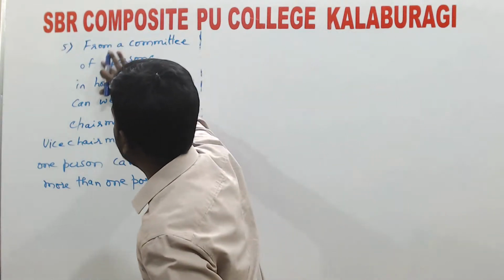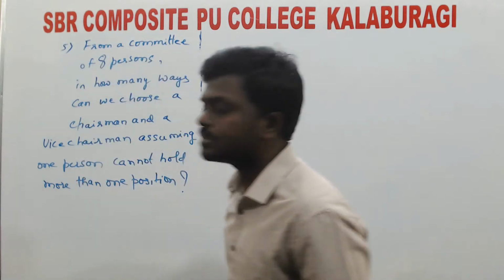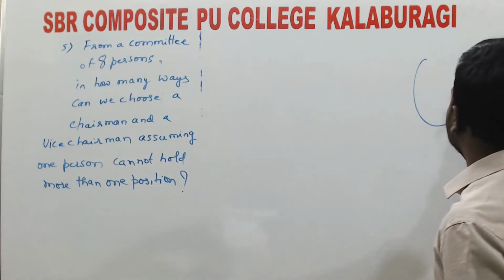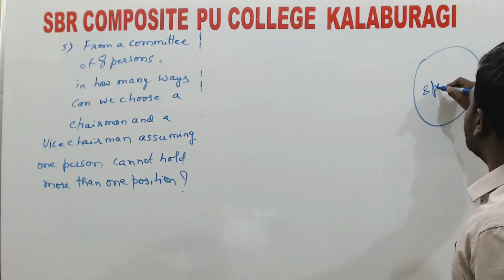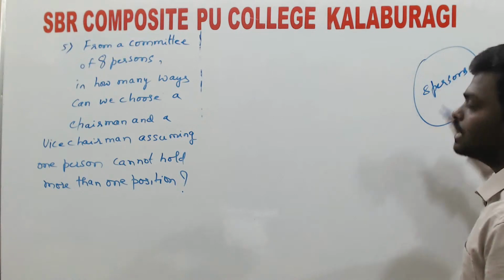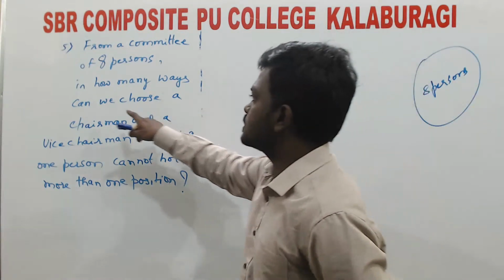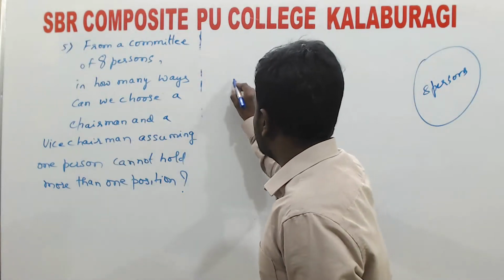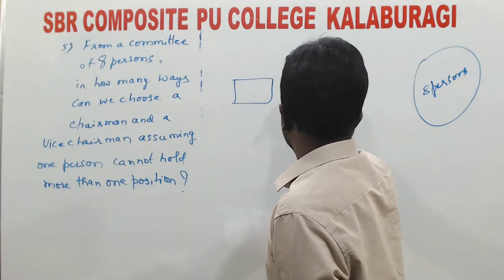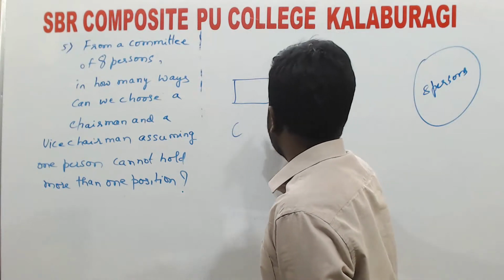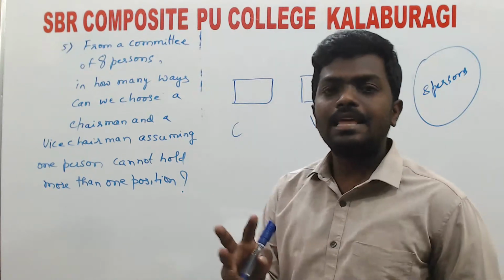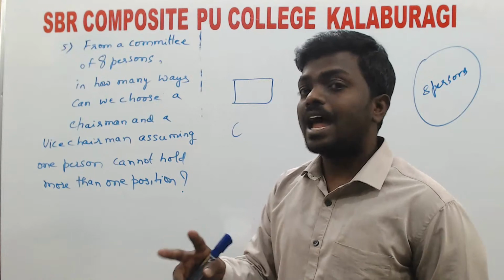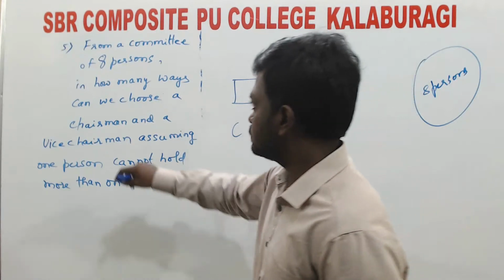There is a committee of 8 persons, students, right? So in how many ways can we choose a chairman and a vice chairman? There are two positions, and there are 8 different persons.